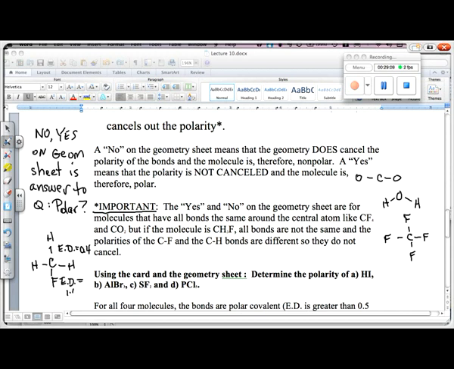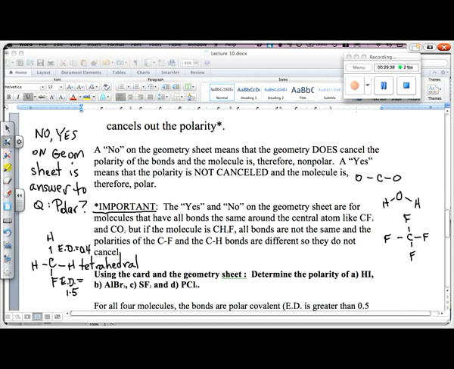There's no way that in the vector analysis of those dipole moments, of those polar bonds, it's going to cancel out, even though next to the shape, which would be tetrahedral, it says no. The yeses and nos are contingent on everything being the same. If they're not the same, then it's going to be polar if you have a polar bond. All right?